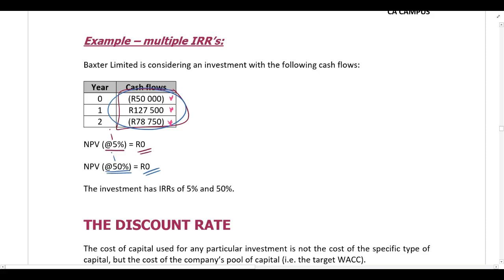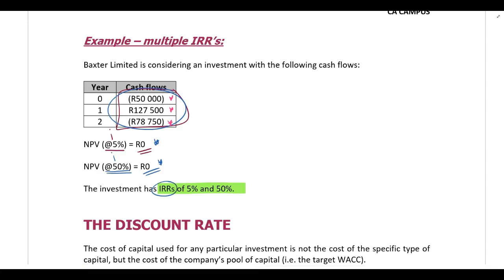Now, please remember, the internal rate of return is just the point where your NPV is 0. So if both of these calculations are giving me an NPV of 0, that means that this investment has got two internal rates of return. It has an internal rate of return of 5% and an internal rate of return of 50%.